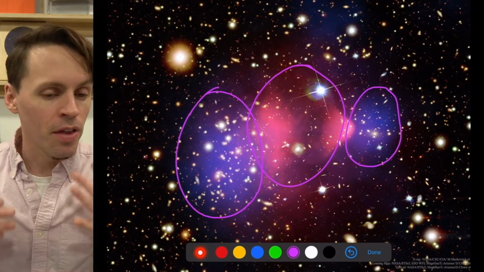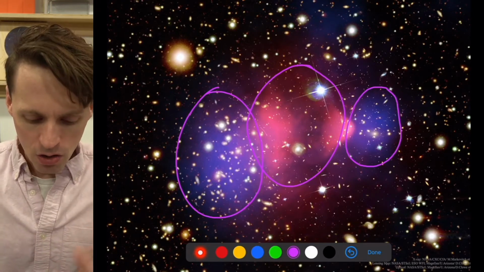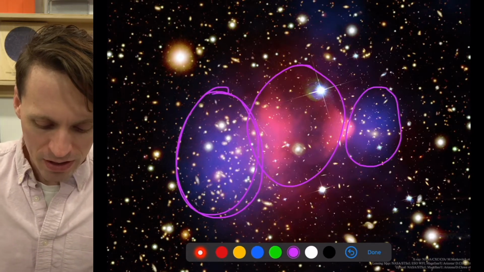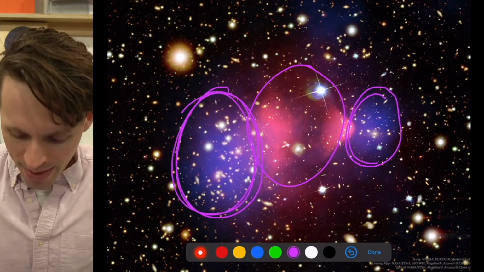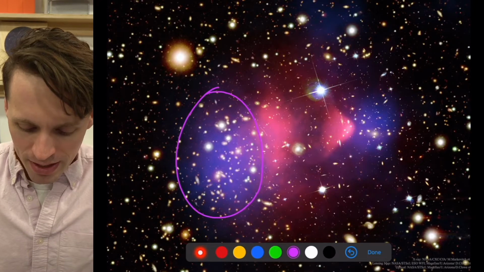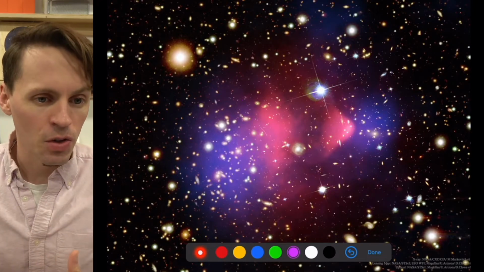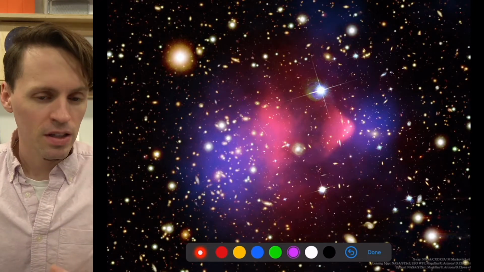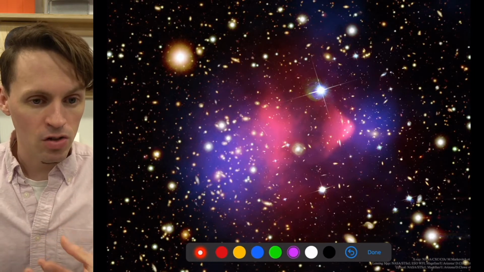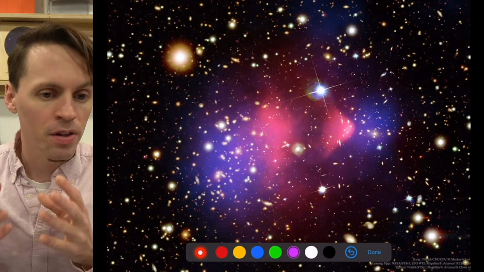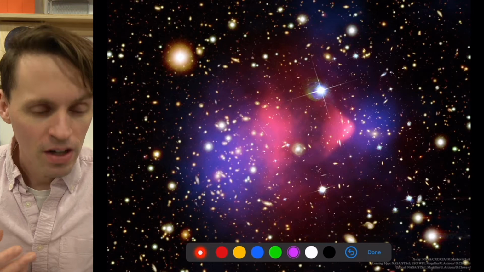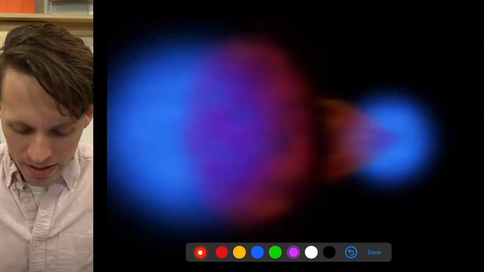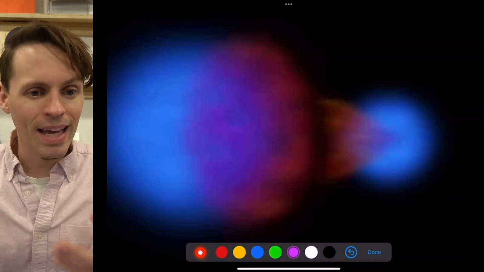And again, we know that mass causes gravity, so the fact that we see most of the effects of gravity coming from this region and that region, the blue here indicates the highest gravitational influence. And so those blue regions are where gravity is the strongest, whereas the red regions indicate where there's the most amount of material. So again, that indicates that there's something there that we can't see.